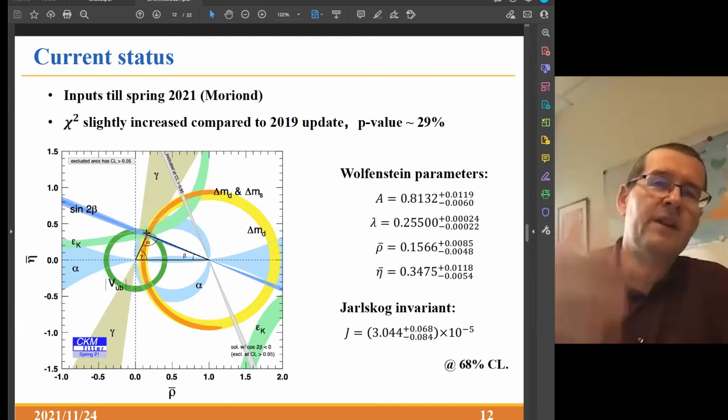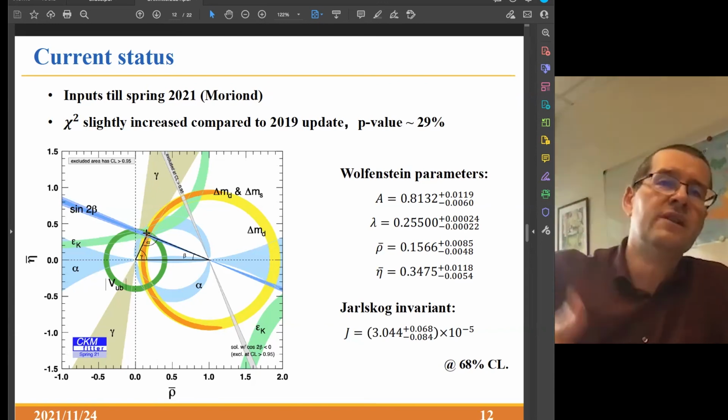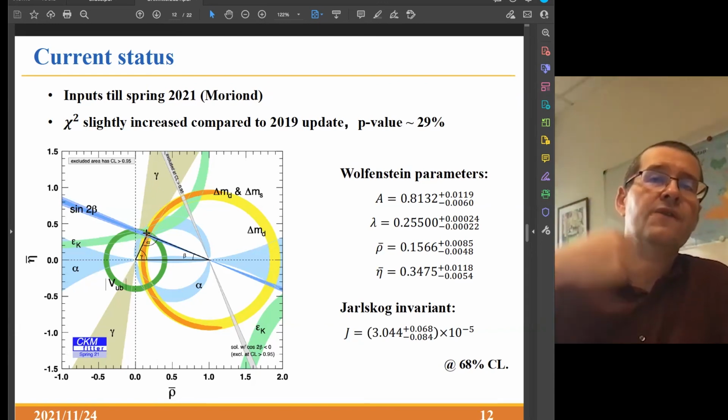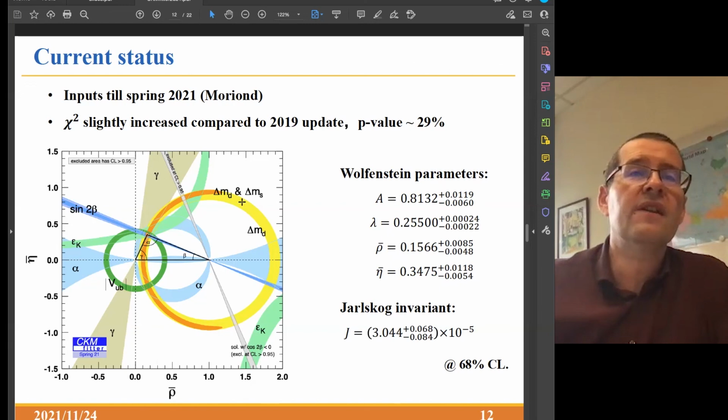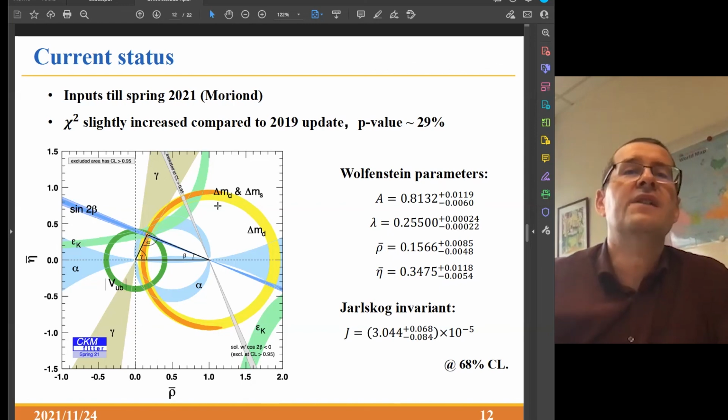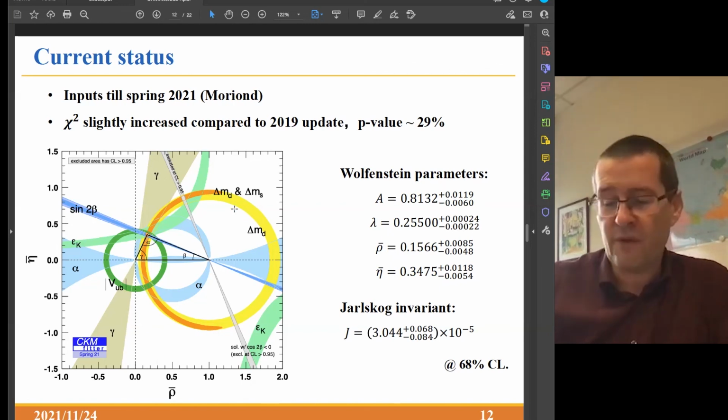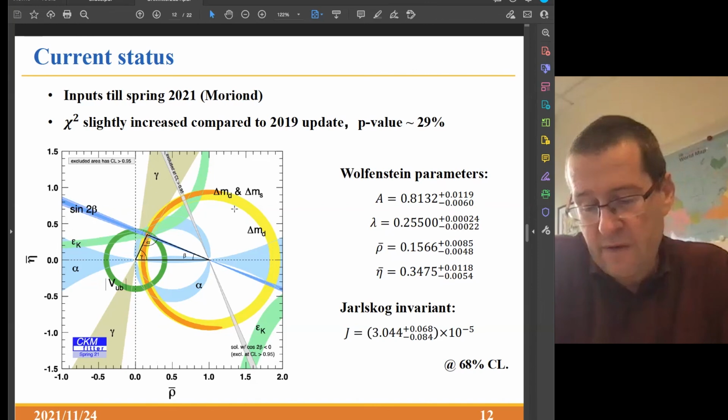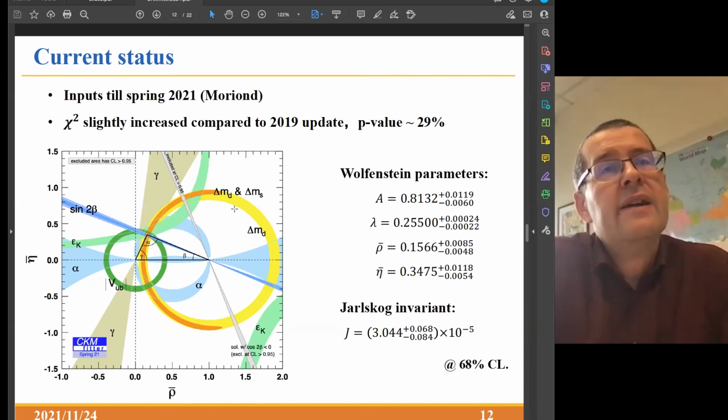And so those various bands with colors correspond to different constraints that you get. And for instance, you've got here delta MD and delta MS that come from the measurements we discussed before on BD and BS.